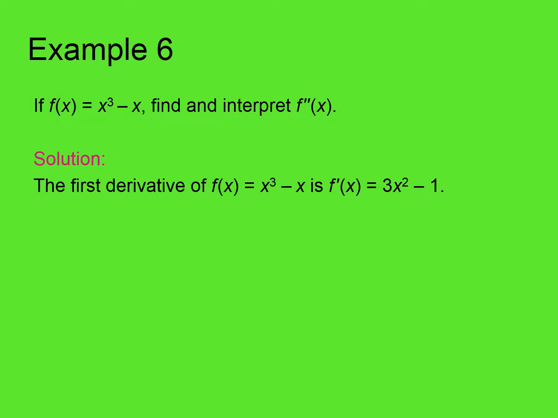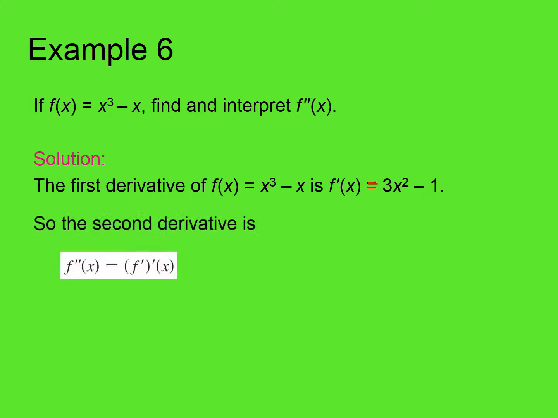We will apply that to f prime. Okay, so for the sake of time, let's just say that f prime of x is 3x squared minus 1. And so let's apply the definition to that function, because the derivative of a function is a function.